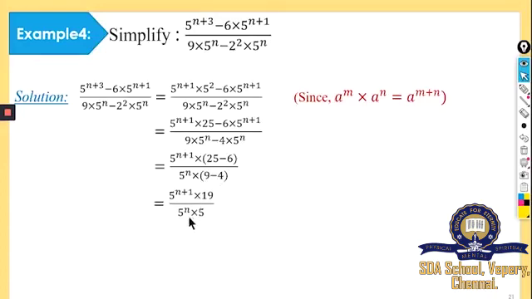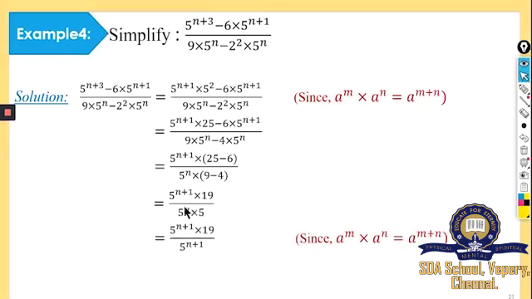Okay. Now if you observe the denominator, it is in the form of a power m into a power n. Since here m value is n and n value is 1, since you don't have any power here, it is assumed to be 1. Okay.